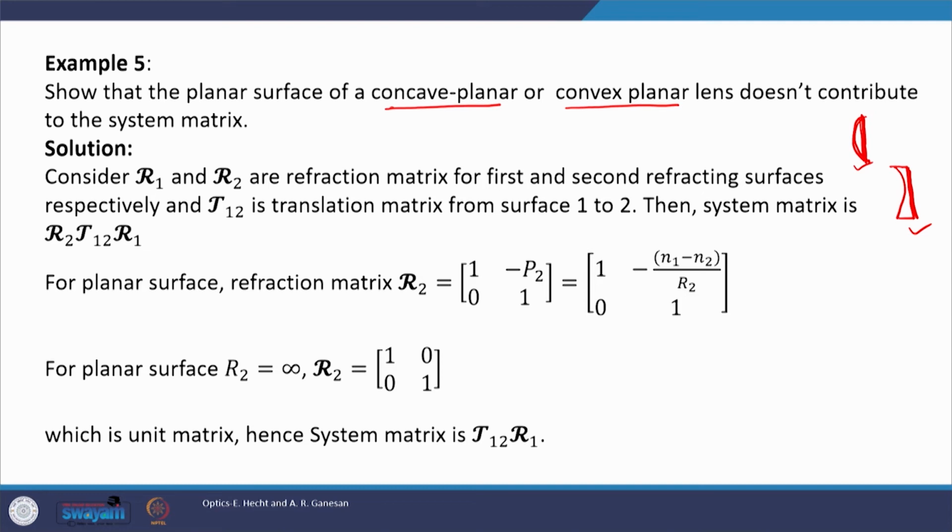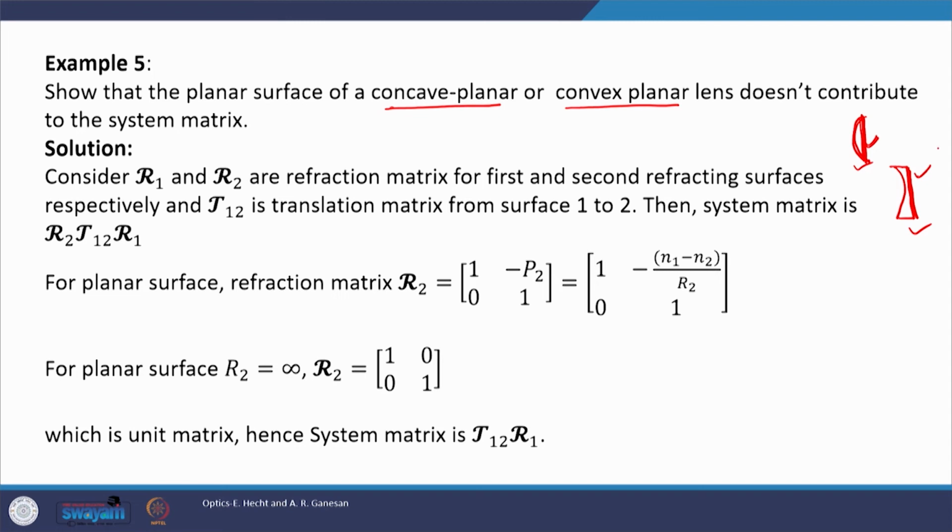Alternatively, the planar surface is represented by a matrix which is a unit matrix, and the multiplication of this matrix with the system matrix will not alter the system matrix. Therefore, ultimately we will have to show the matrix for this planar surface is a unit matrix.